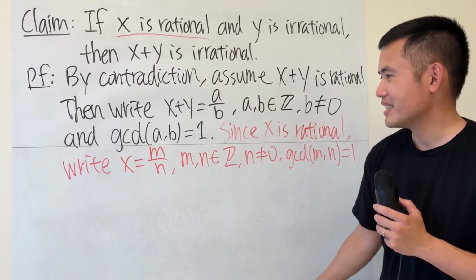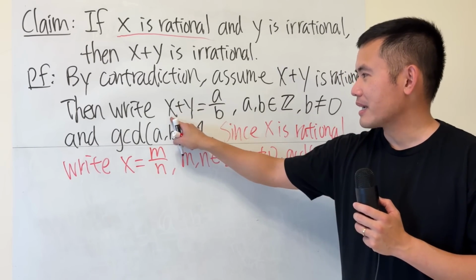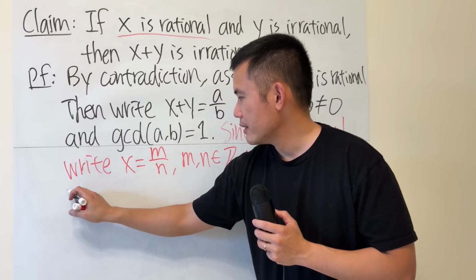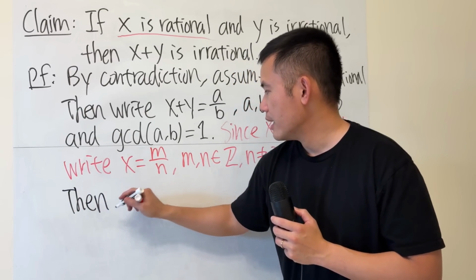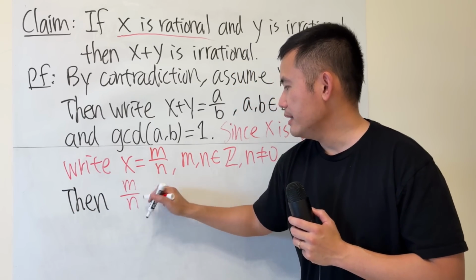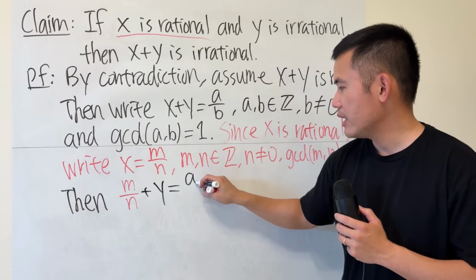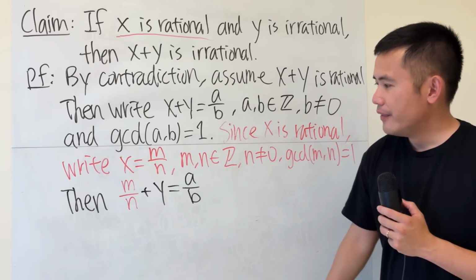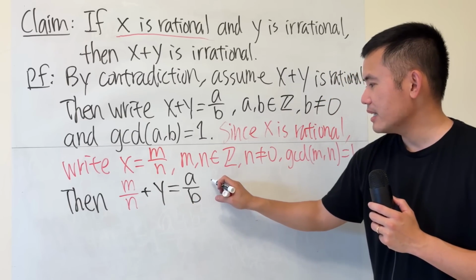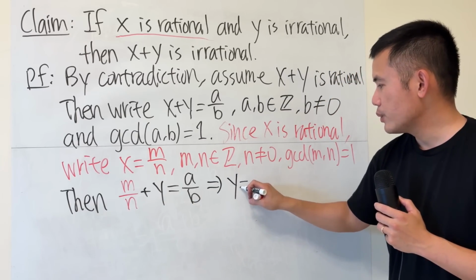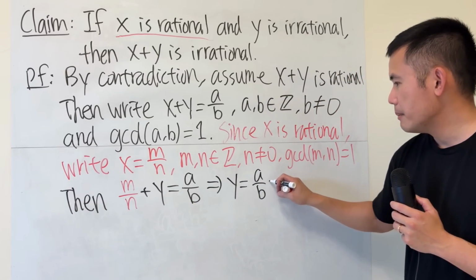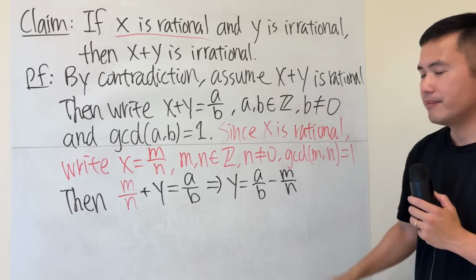Now check this out. I'm going to put this back here, so we will have m over n plus y, and then that is just equal to a over b. Now I'm just going to move this to the other side. So this implies y is equal to a over b minus m over n.